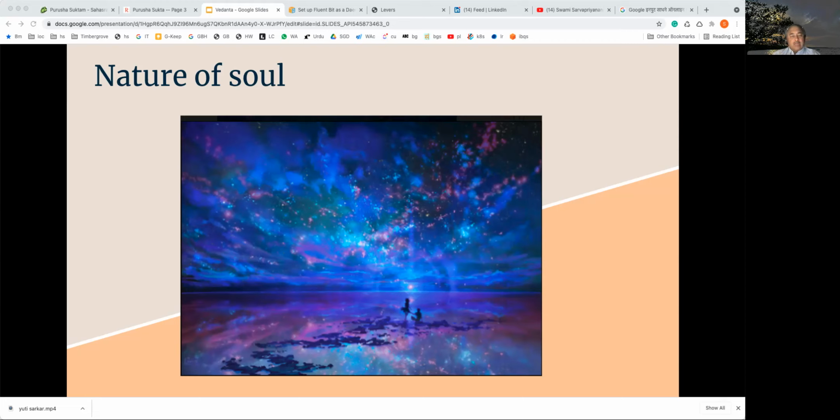And this is a very wonderful speculation that the Vedic thinkers came up with. They said that if the soul is infinite, you have a soul and I have a soul and he has a soul. If something is infinite, space is infinite. We cannot have two infinites.